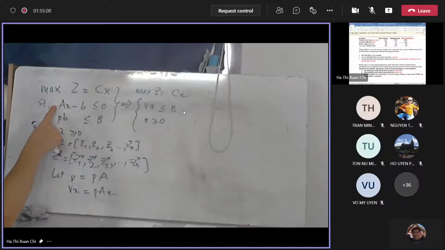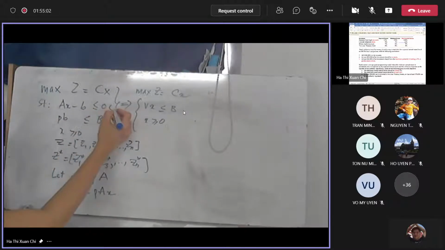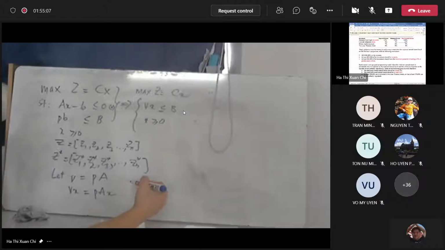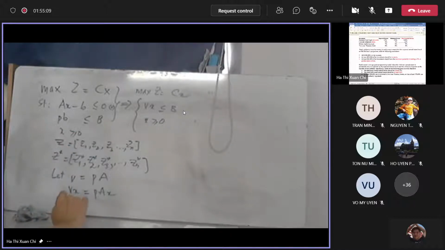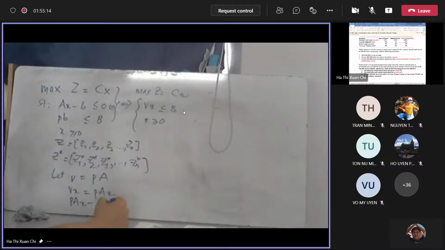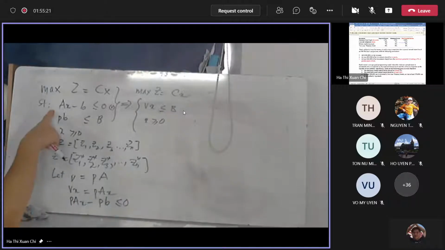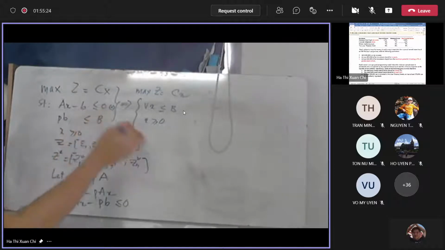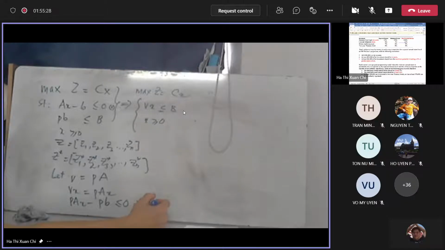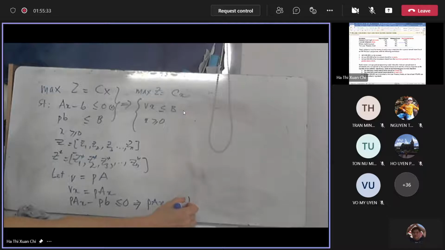So from constraint 1, I rewrite constraint 1. If I have PVx minus, here I multiply with P, right? It will be less than or equal to 0, if I multiply by P in this constraint. So I can write that PVx less than PV.